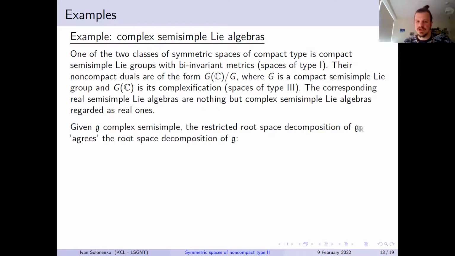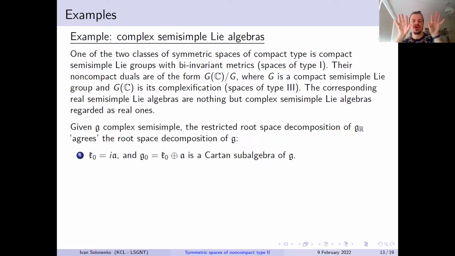So here you have the following. You have G, a complex semisimple Lie algebra. You regard it as a real semisimple Lie algebra. And you have the restricted root space decomposition of G_R, the realification. Basically, I just forget the complex structure. It agrees with the root space decomposition of G regarded as a complex Lie algebra, in the following way.